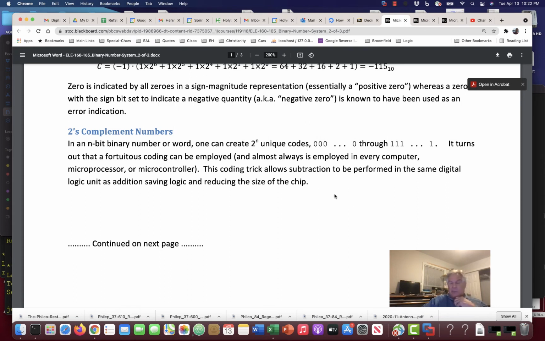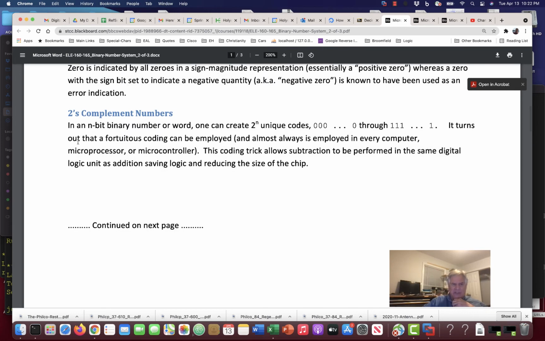All the zeros are equal to 0. And when you have 8 ones, it's equal to 255. So that's 256 different codes, and 2 to the 8th, n being 8 in that case, is 256. So that's a fact that's worth remembering.